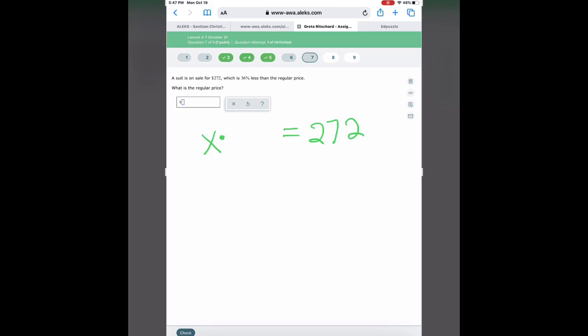So we actually are paying the other part of that, which is 100 minus 36, which is 64. So we're going to times it by 64%, do the algebra, divide by 0.64.